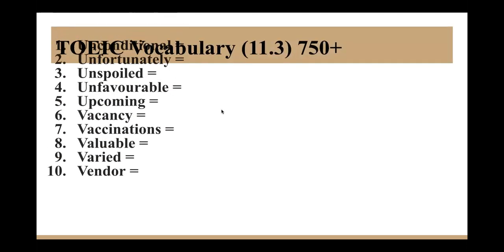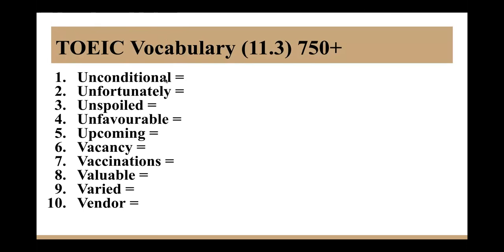So we got 11.3, this one. 11.3 is unconditional, unfortunately, unspoiled, unfavorable, upcoming, vacancy, vaccinations, valuable, varied, and then vendor.